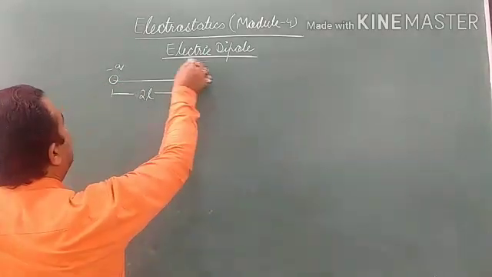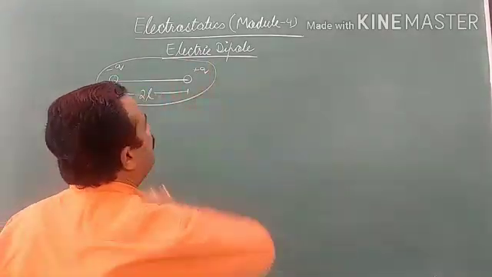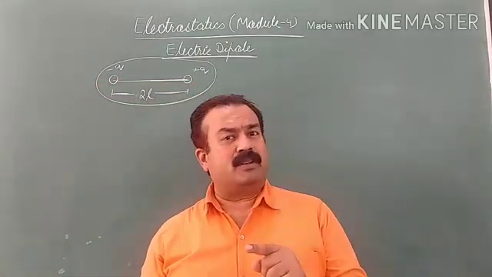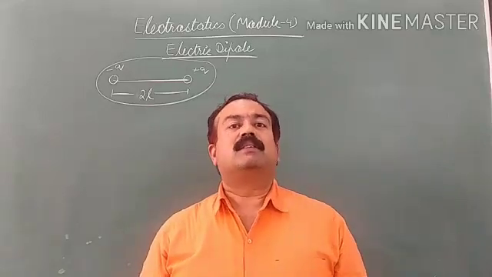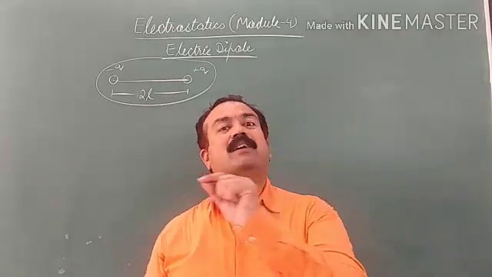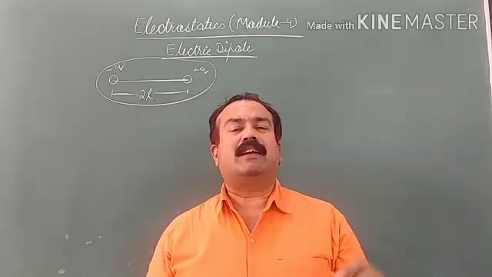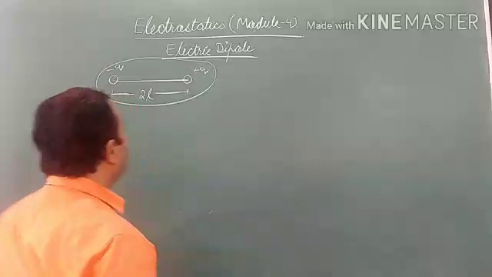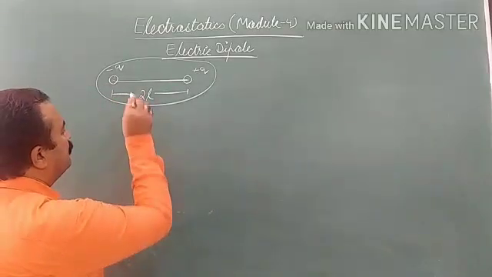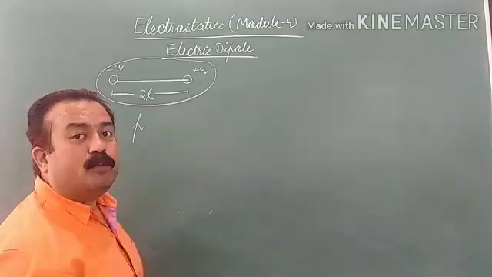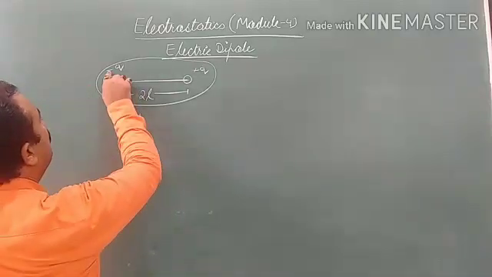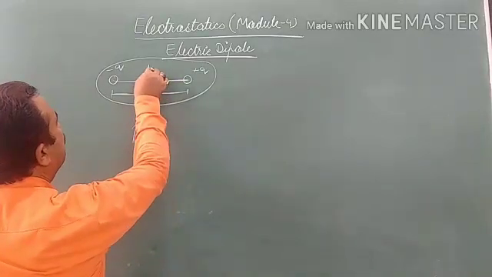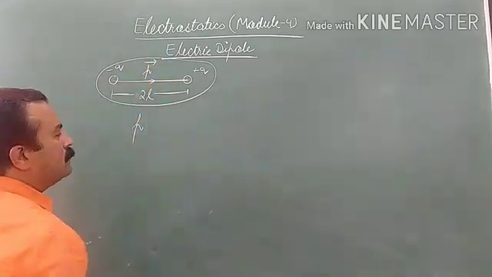So this combination is called an electric dipole, and a vector quantity with which we measure the strength of the electric dipole is called electric dipole moment, and it is represented by P. The direction of electric dipole moment is always from negative charge to positive charge. So this is the direction of electric dipole moment.